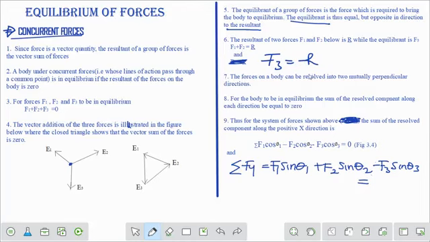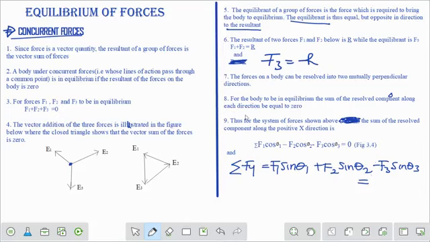Now the forces on the body can be resolved into two mutually perpendicular directions. For the body to be in equilibrium, the sum of the resolved components along each direction must be equal to what? Zero.